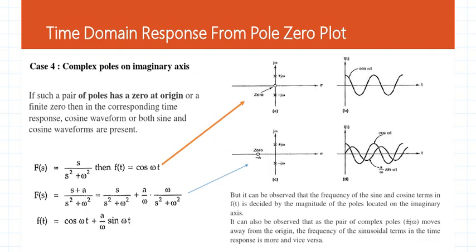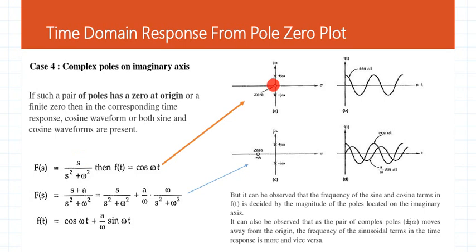Now let us make small modifications to the imaginary terms which are there on the j omega axis. Let us add a 0 to the system. So we already had two poles on the j omega axis, the imaginary axis. What is the effect of adding a 0 on the time domain response? The transfer function modifies to s upon s square plus omega square, because we need to have a 0, and the 0 is located at the origin.